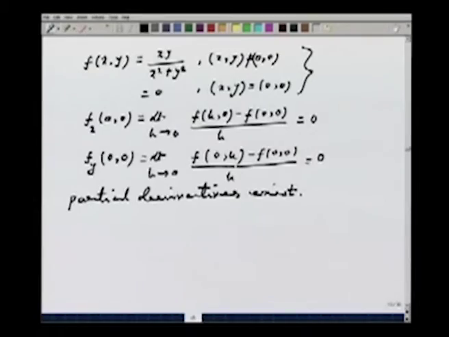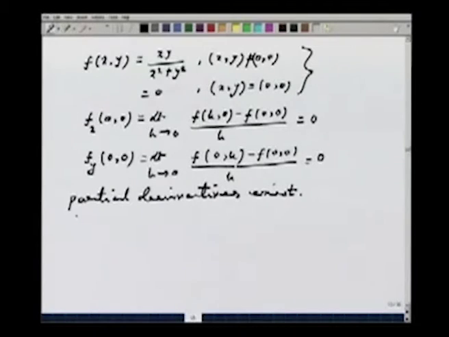So can this be an alternate of derivative? That is the question. The answer is no, simply because we have already seen that the function we are looking at is not continuous. We expect that if a function is differentiable at a point, then the function should be at least continuous at that point.